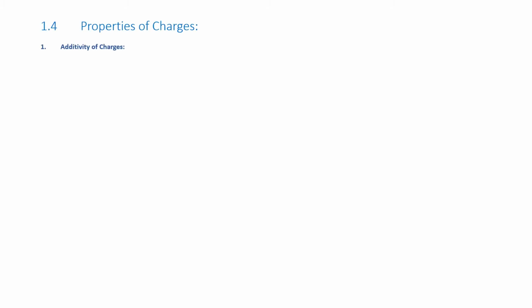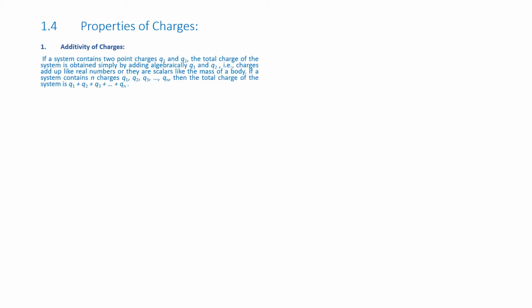Properties of charging. The first property is regarding additivity of charges. If a system contains two point charges Q1 and Q2, the total charge of the system is obtained simply by adding Q1 and Q2 algebraically. That is, the charges add up like real numbers, or they are scalars like the mass of a body.